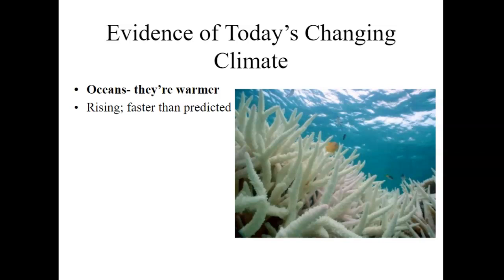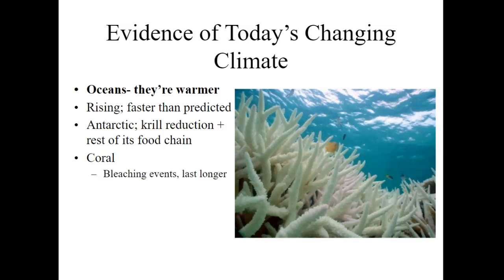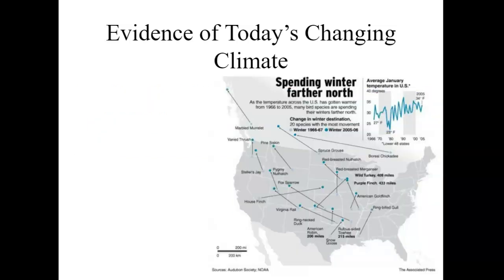So their mutualism breaks down. And bleaching events are getting longer and longer.